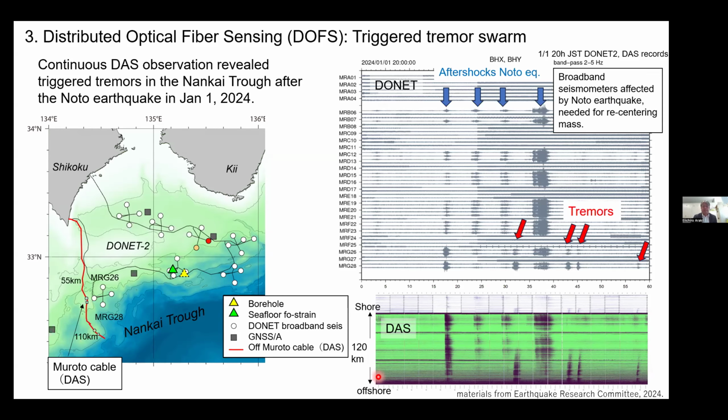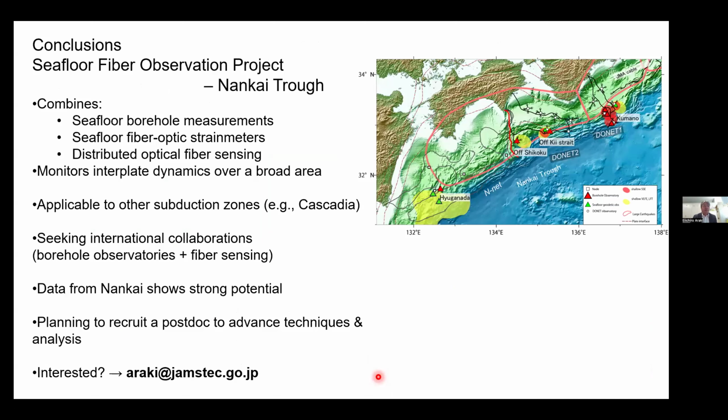To conclude, we are developing a seafloor observation network in the Nankai Trough that integrates borehole measurement, seafloor fiber optic strainmeters, and distributed fiber optic sensing. This allows us to monitor and analyze interplate dynamics across a broad spatial scale.